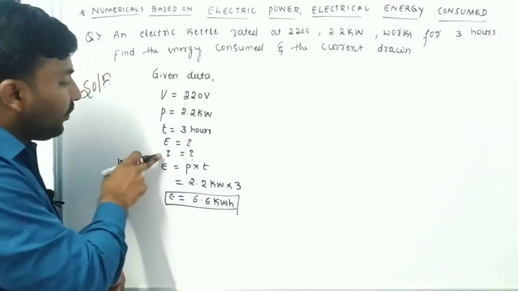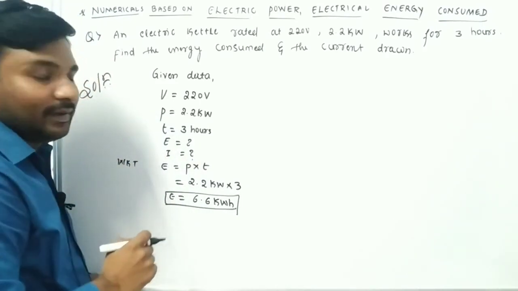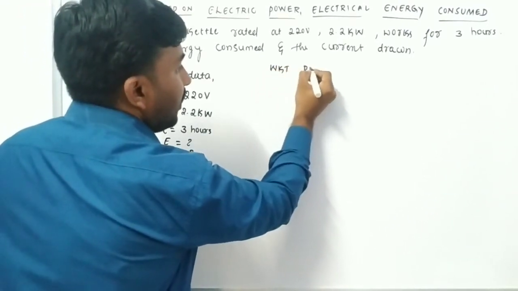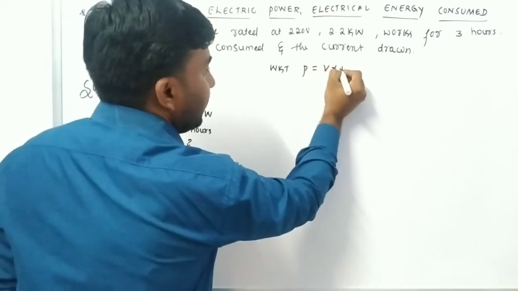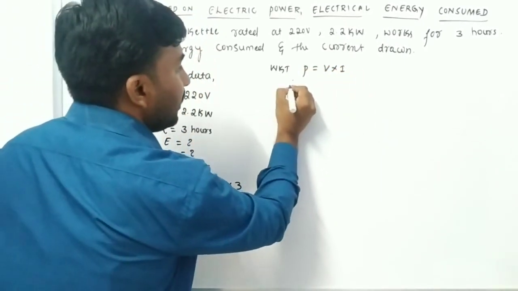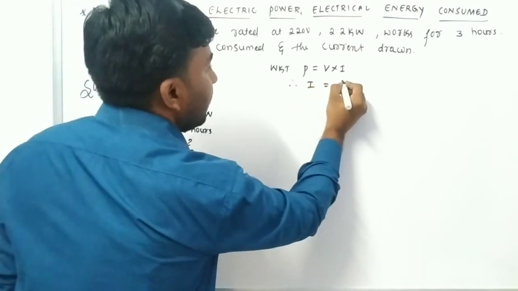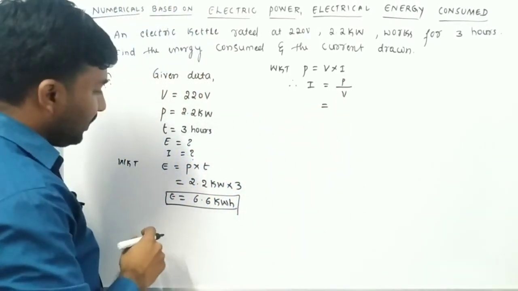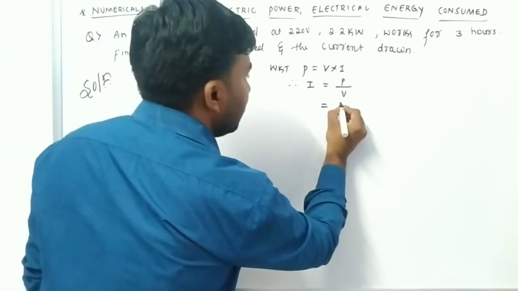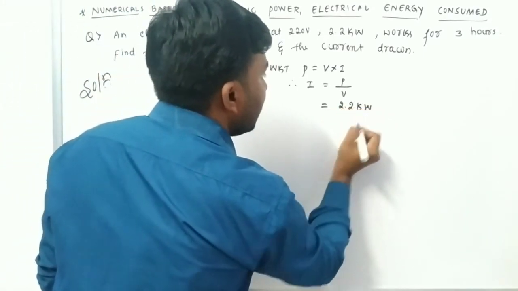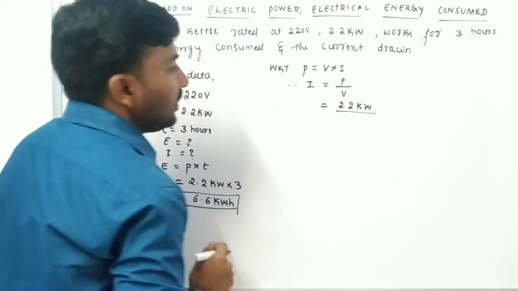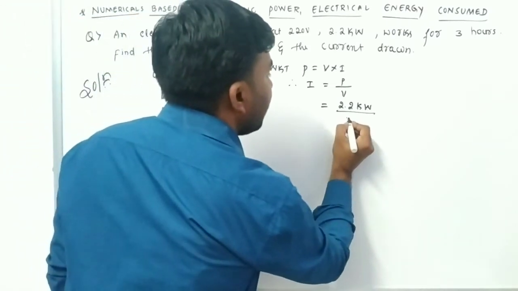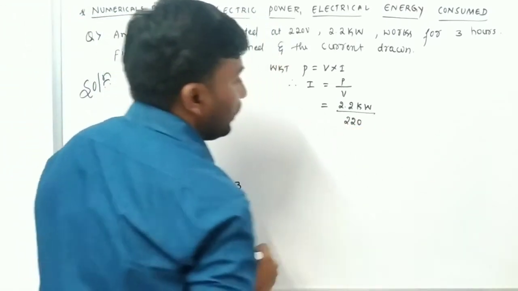And similarly we have to find the current drawn by the electric kettle. So here we know that power is equal to V into I. Therefore I is equal to power divided by voltage. We have the power 2.2 kilowatt divided by voltage 220 volt.